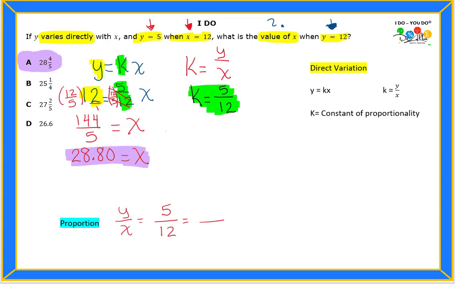I'm looking for x when y is 12. Do you guys see that? You multiply 12 times 12, which is 144, then you divide that by 5, and that's how we get 28.80. That's how you do it as a proportion, if you remember, right? But of course, I want you to practice direct variation.